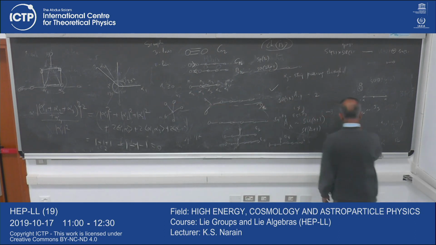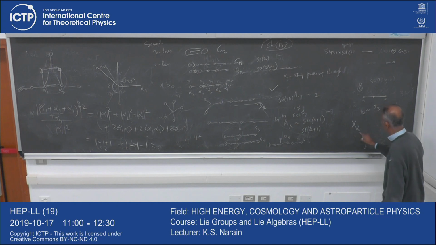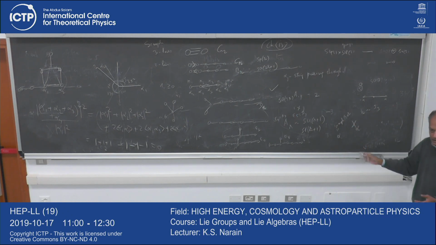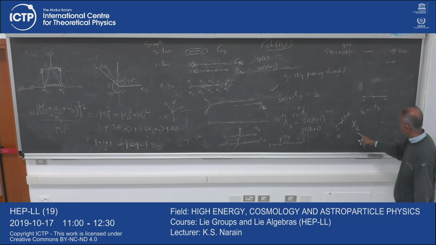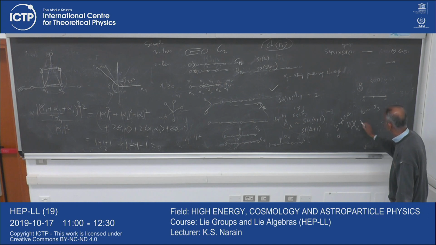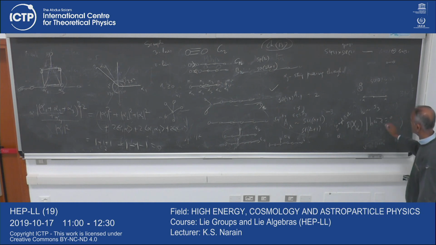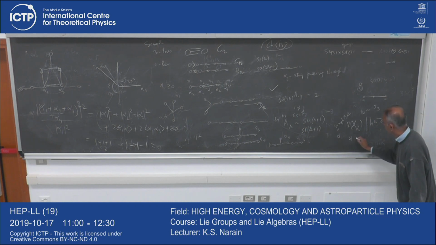We want to take all of these X alpha i, the simple roots. These are positive roots in particular, and simple roots provide a basis for the positive roots. So X alpha i acting on the highest weight state in some representation is equal to 0 for all simple roots alpha i.